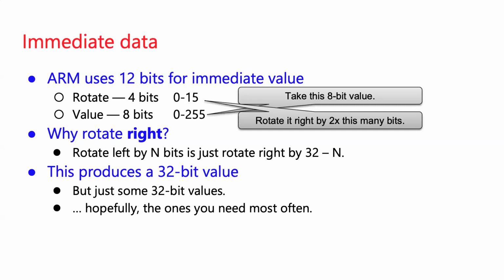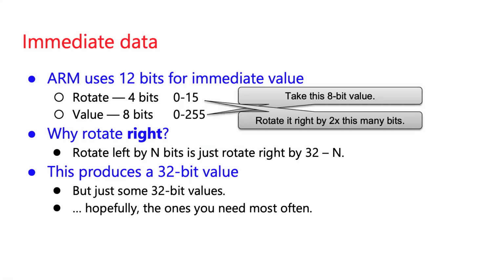So the way this works is you take an 8-bit number where all the bits are in the low order bits, and then you take the rotation, you double that, and notice if I started with a number in the range of 0 to 15 and I double it, now I've got an even number in the range 0 to 30. So I can slide those bits left or right by any offset I want, as long as it's a multiple of 2, any even offset.